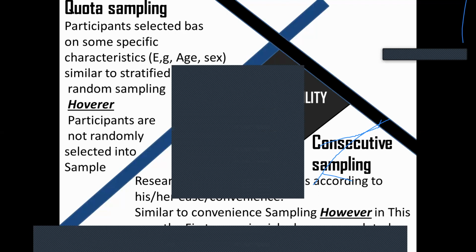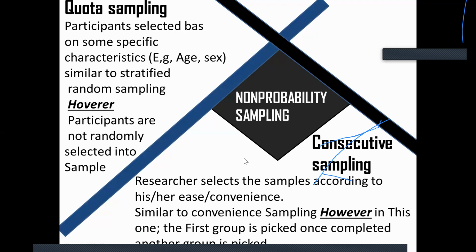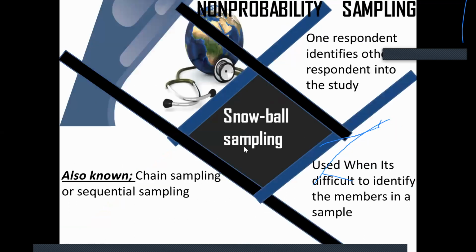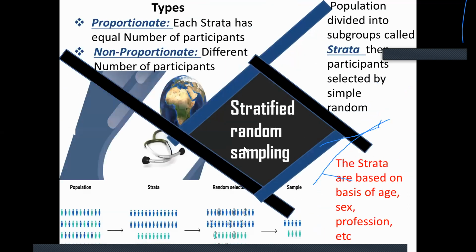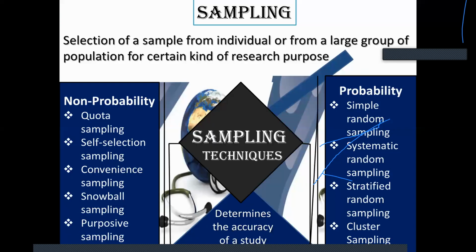How do I select a method for sampling? William has asked that. William, all you need to know is that probability sampling techniques provide good accuracy of your data. Sampling techniques determine the accuracy of the study.